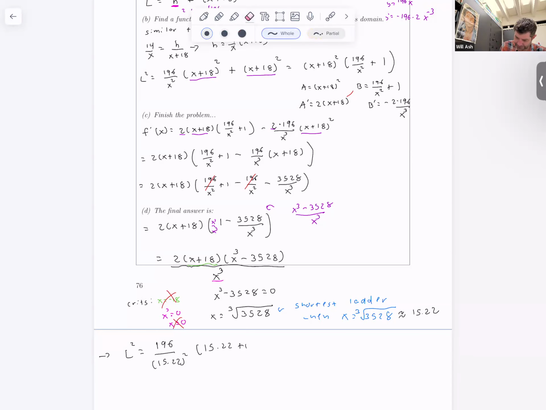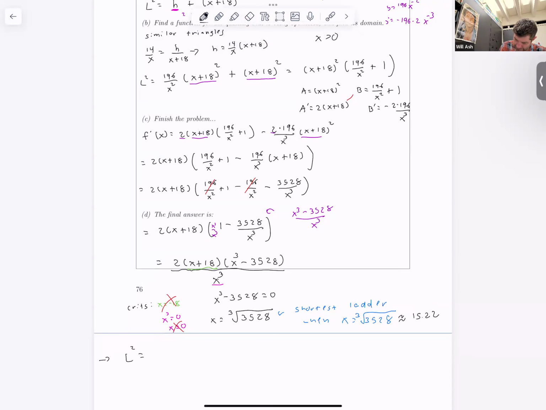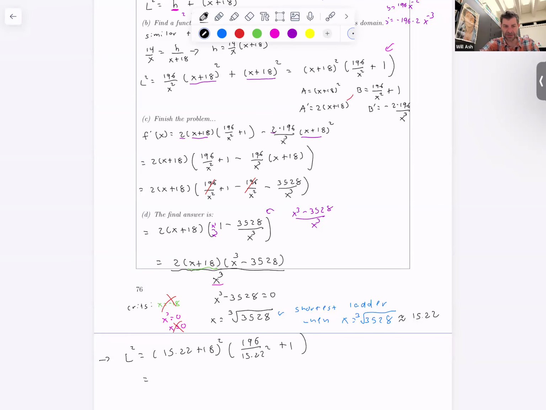So the ladder, which is what we were actually looking at, L squared. I'm sorry, let's plug it into the easier thing, the thing right there. I'll just type all this in. 15.22 plus 18 quantity squared times 196 divided by 15.22 squared plus 1.